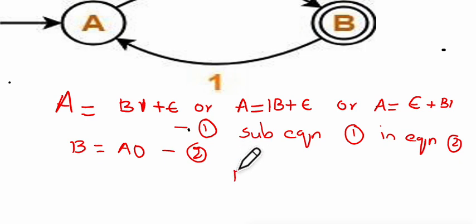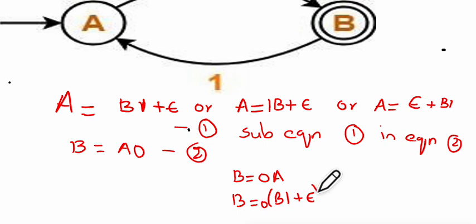Now B equal to 0A. What can we write in place of A? In place of A, we write B1 plus epsilon.